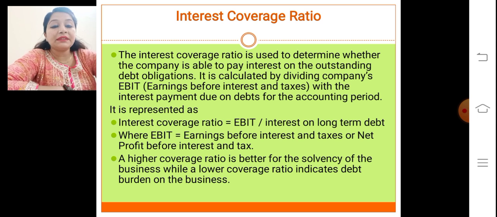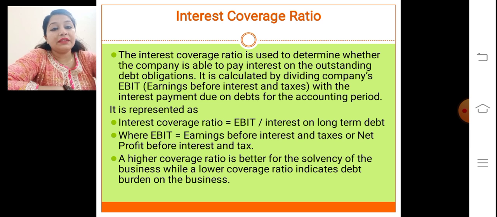Interest coverage ratio is equal to EBIT upon interest on long-term debt. EBIT is earnings before interest and tax, or net profit before interest and tax.